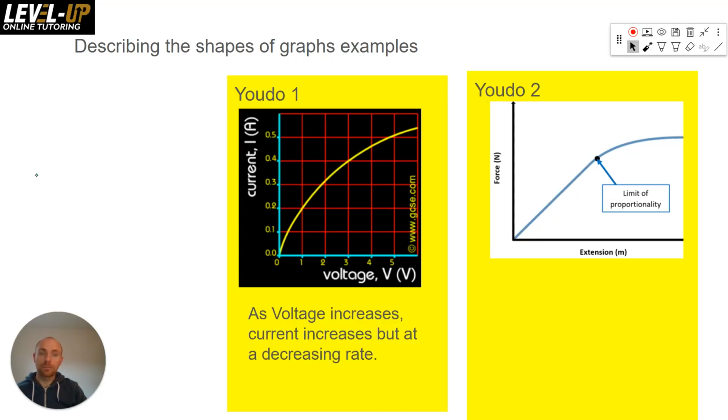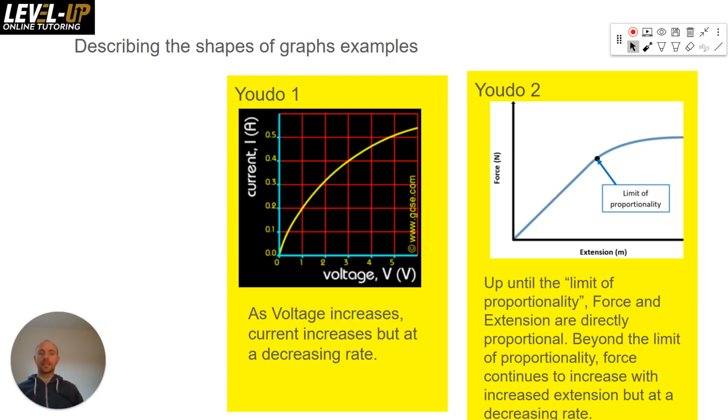It starts directly proportional, in fact, because it goes through the origin, and then it starts to curve off. So up until the limit of proportionality, the force and extension are directly proportional. Beyond the limit of proportionality, force continues to increase with increased extension, but at a decreasing rate. That's why it's curving off.